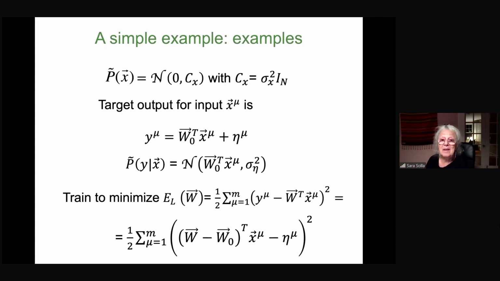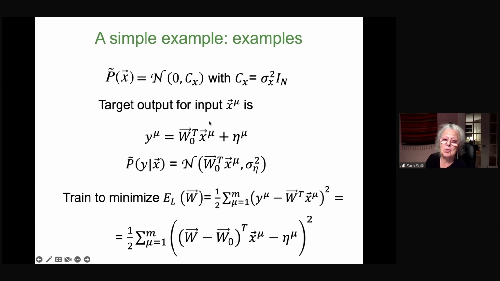Let's assume that the examples are also Gaussian. So the p tilde of x are also drawn from a normal with 0 mean, and a covariance matrix which is also diagonal with a variance sigma_x squared. Let's assume a noisy environment in which y^mu is w0, which is the w I want to learn, dotted into x^mu.